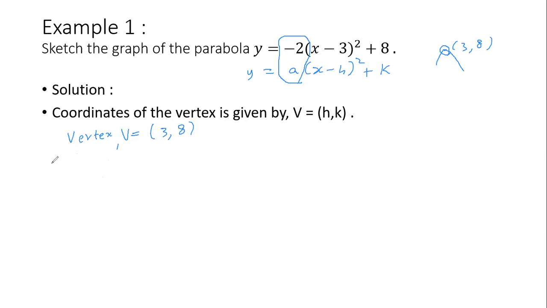For the y-intercept, x equals 0. Substitute that in the given equation. We get y equals negative 2 times (0 minus 3) squared plus 8. Negative 3 squared is positive 9. 9 times 2 is 18.